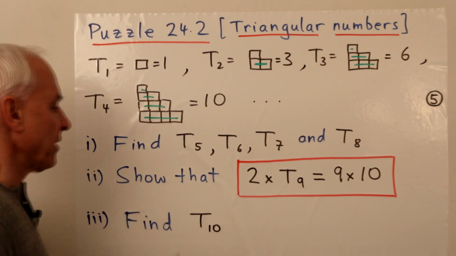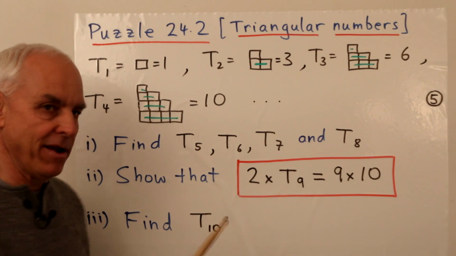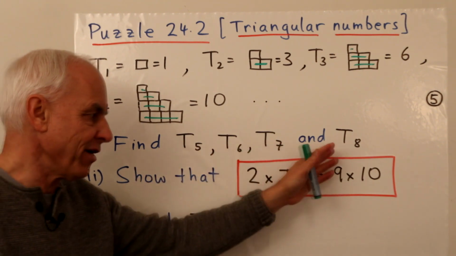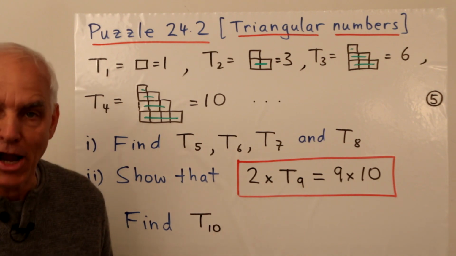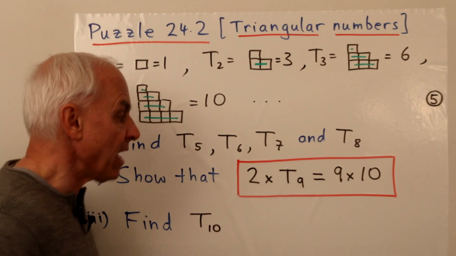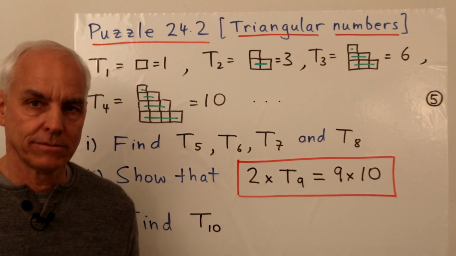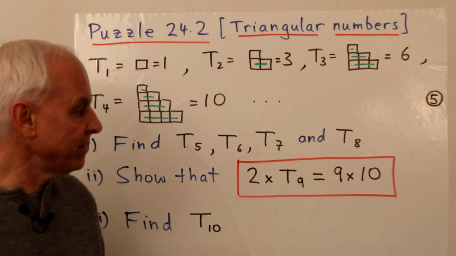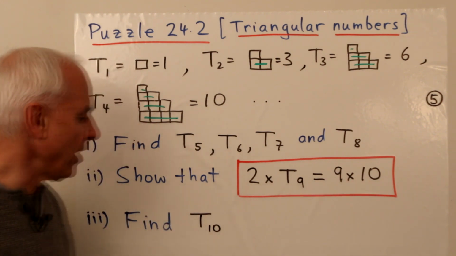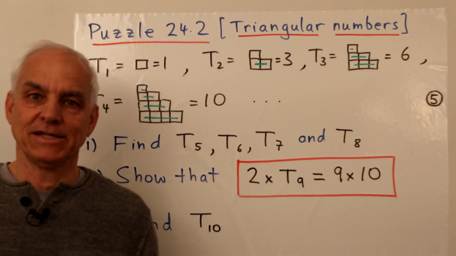The next aspect of the puzzle is to show that 2 times T9, so after we've gotten to T8, the next one is T9, is 9 times 10, which happens to be 90, but we write it as 9 times 10. And then once they've done that, then they can perhaps aspire to finding T10.